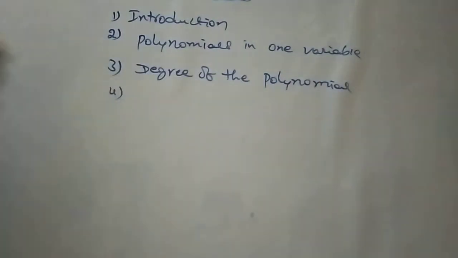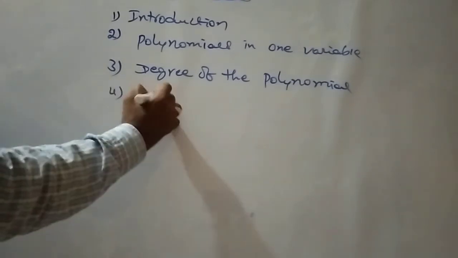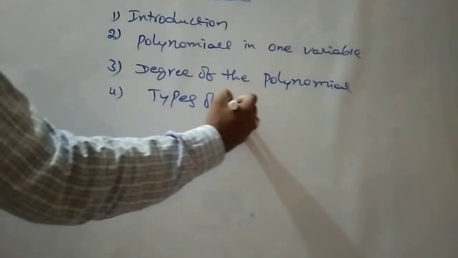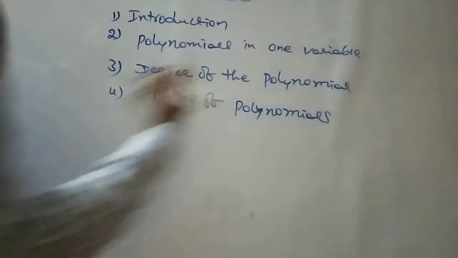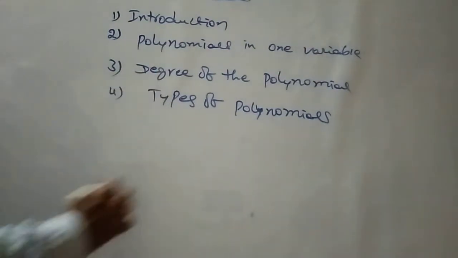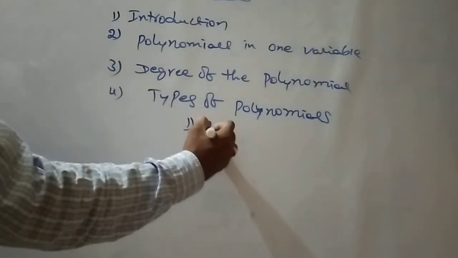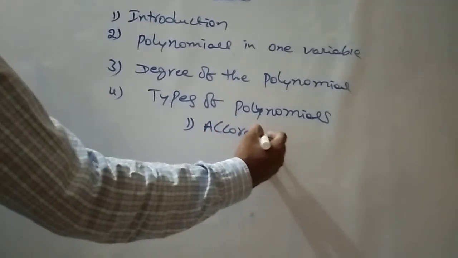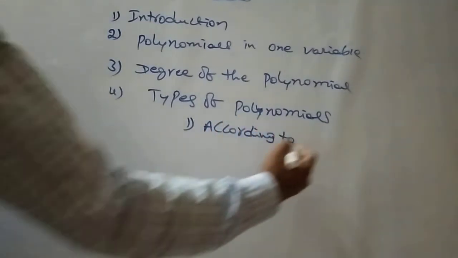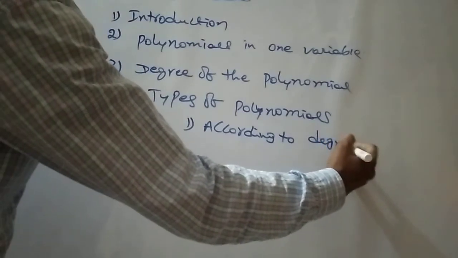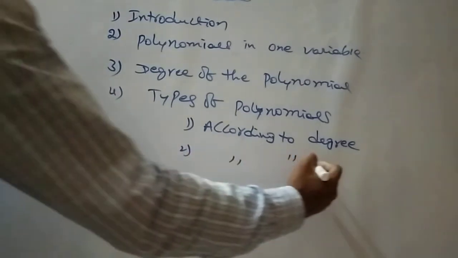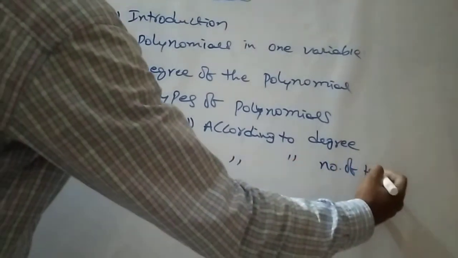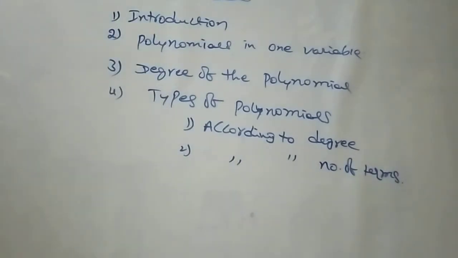Fourth is types of polynomials. In these types we have two kinds: according to degree and according to number of terms.